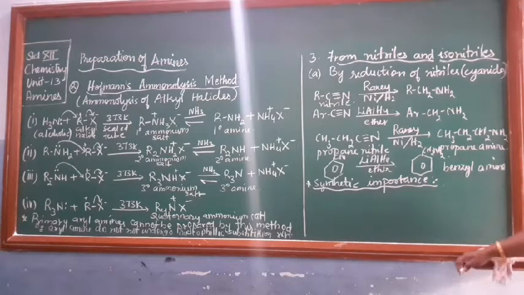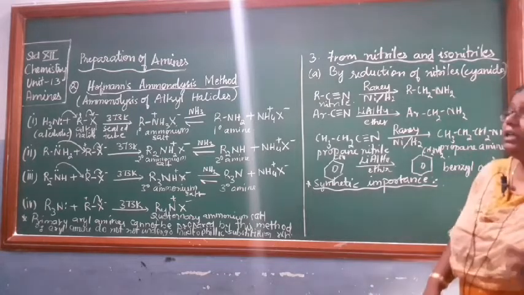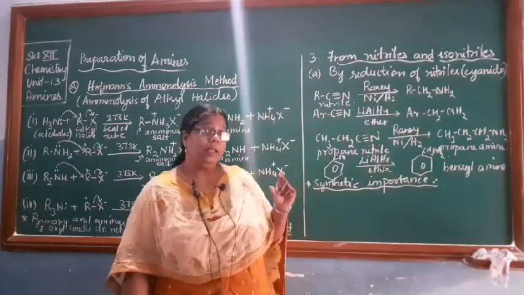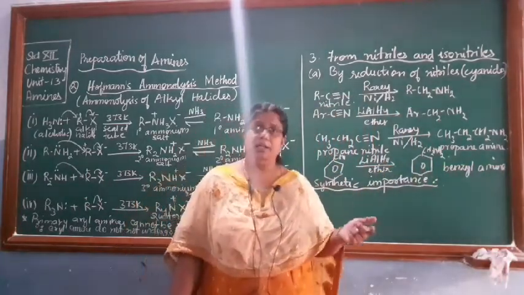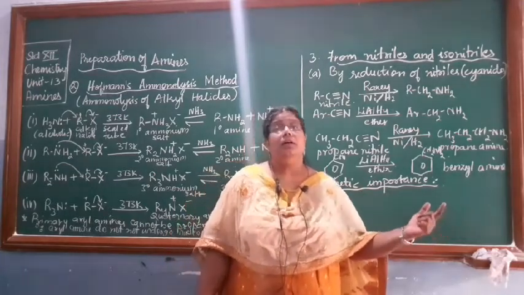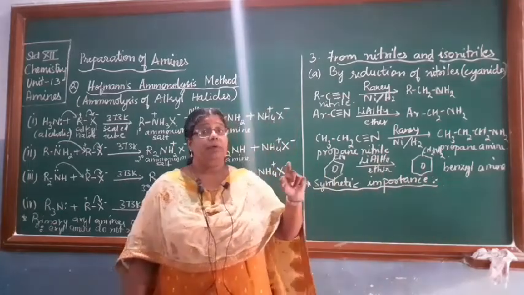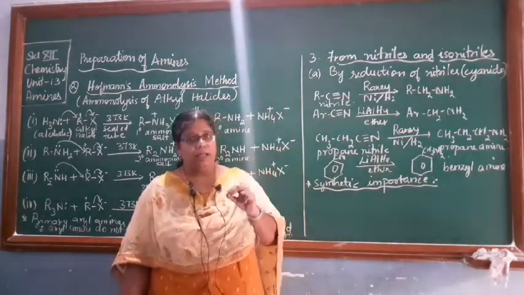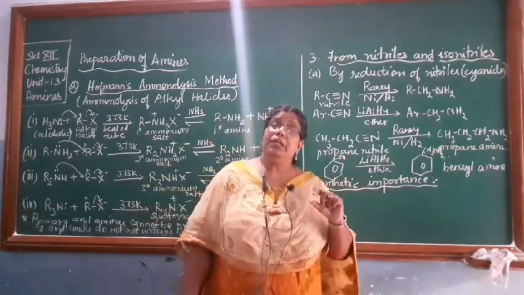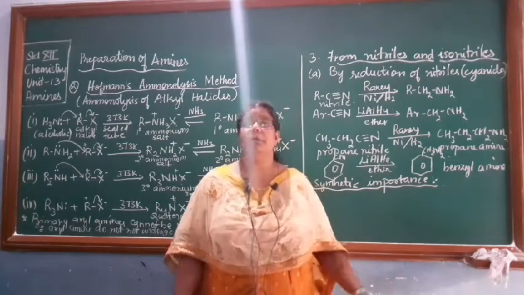So this is a very important reaction. The reason is that when we start with alkyl halide, we can get an amine which has one carbon more. Whenever we want to make an amine from alkyl halide, then we get an amine having one carbon more.